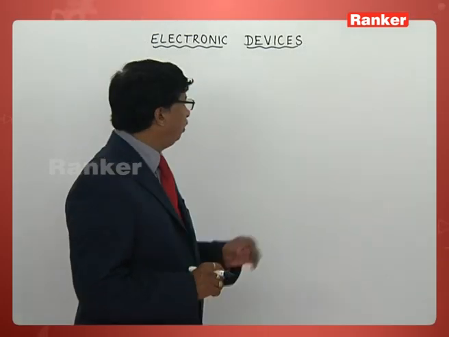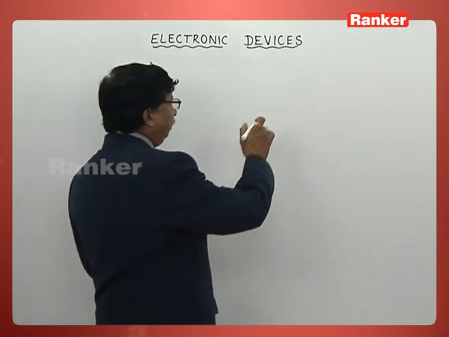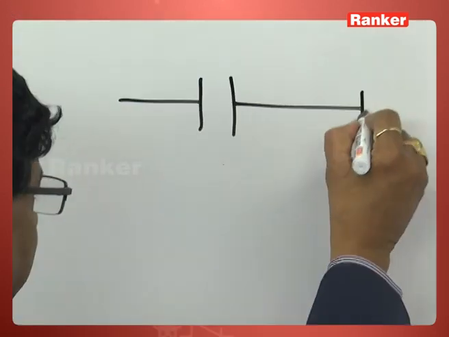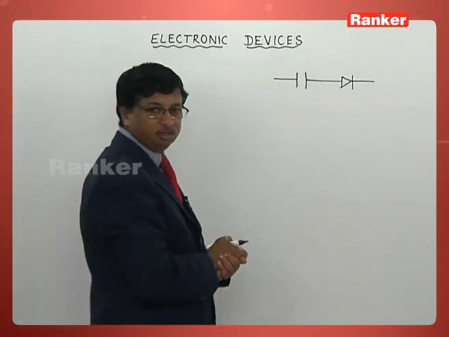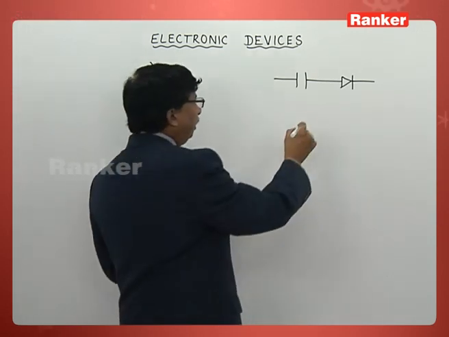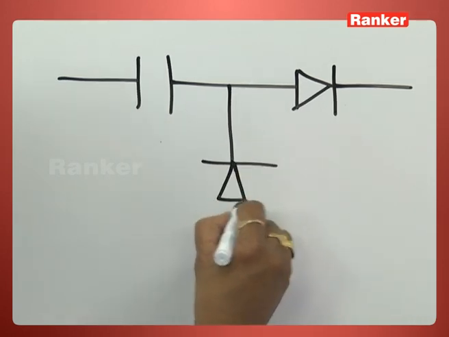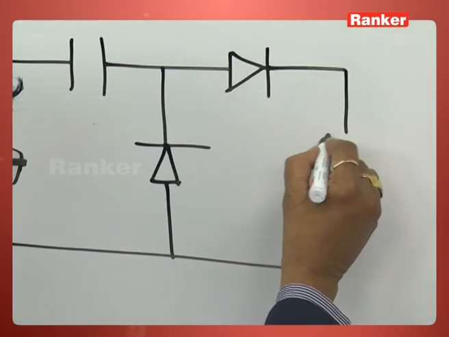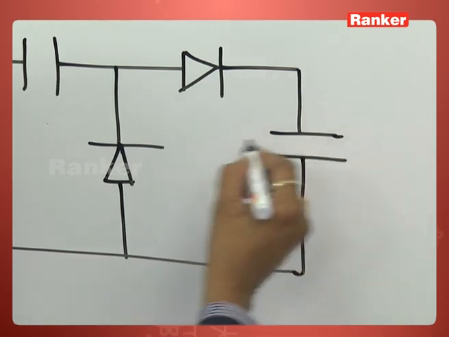Let us first of all draw the circuit that has been provided to us. He has given us one capacitor connected here and one PN junction diode connected like this. One more PN junction diode is connected over here, and another capacitor is connected this way.